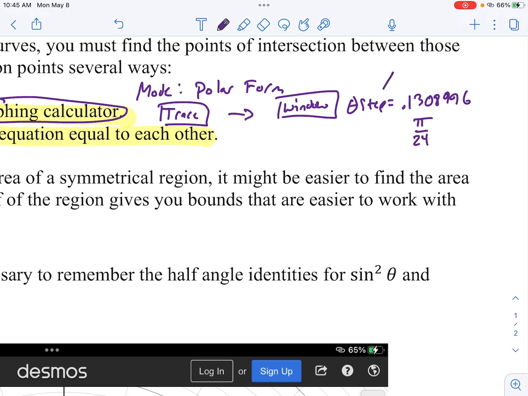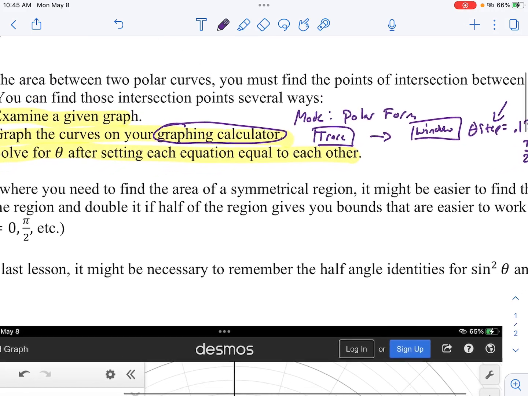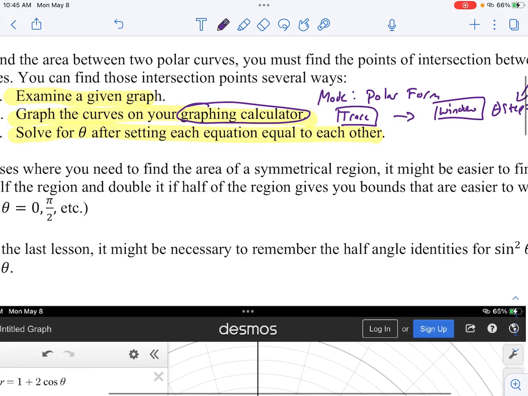Now you can also set your step size to be pi over 24, if it's not already that. All right, so using a graphing calculator to find where they intersect is one thing. Sometimes you might be doing a problem on a non-graphing calculator section of the test, or non-calculator. So then you just set each equation equal to each other and solve for theta.